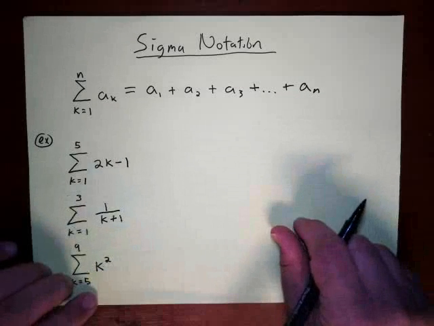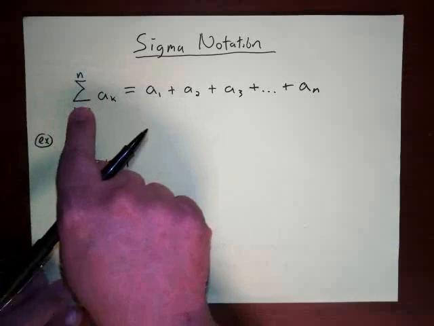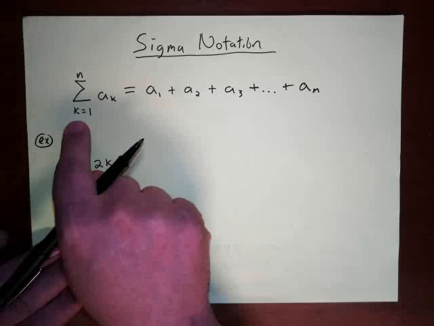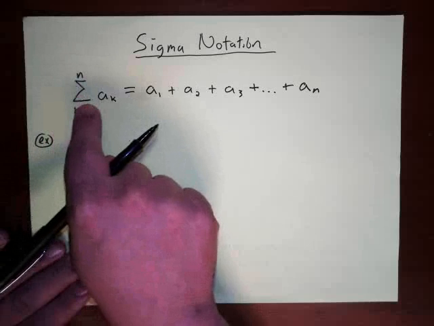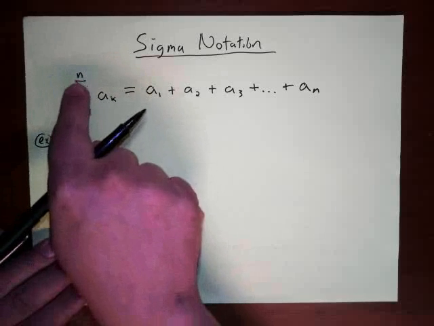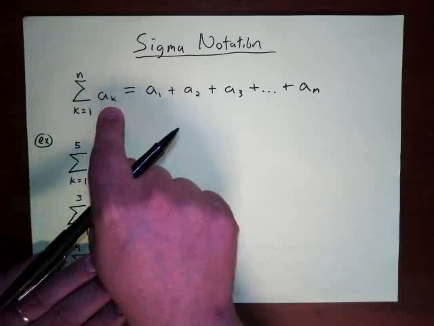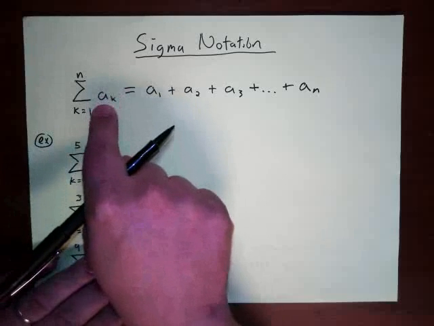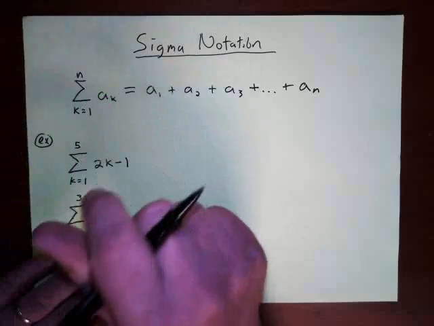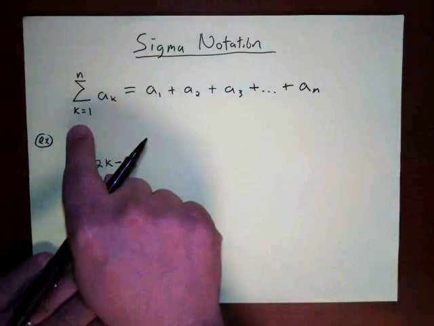So here we go. This is sigma notation. To me it looks like an E, but it's a capital S in the Greek alphabet. This is like taking the sum as k goes from 1 to n. And this a of k is some formula that involves k, the formula that gives you each term in terms of k.